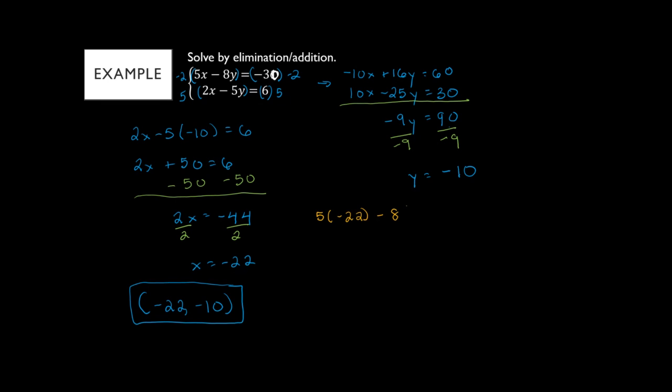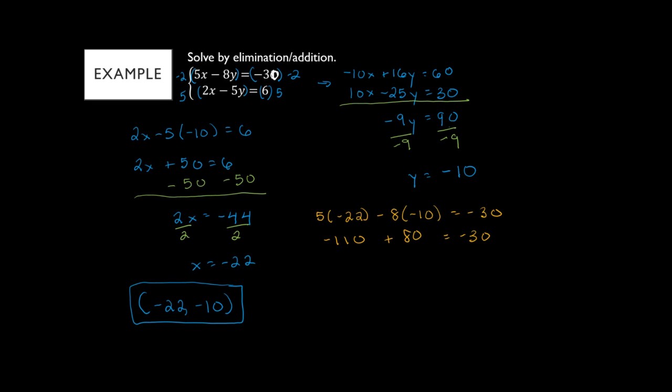Then we have -8 times y, which is -10. And then we want to see, does this give us -30? So pulling out my calculator, 5 times -22 is -110. -8 times -10 is +80. And that gives us negative 30.